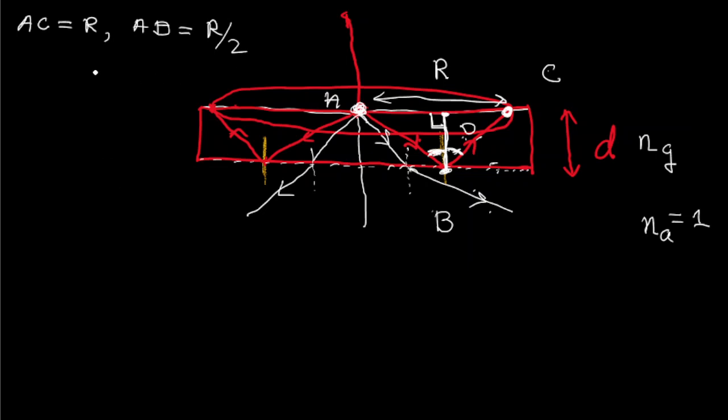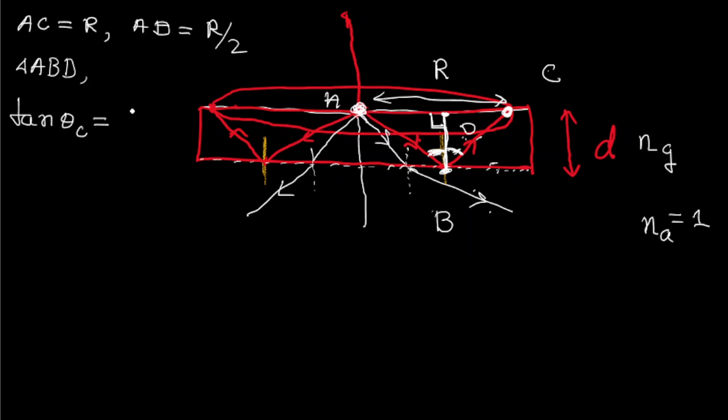If AD is R by 2, then from the right angle triangle A, B, D, what can we write? We can write tan theta c is equal to perpendicular upon base.